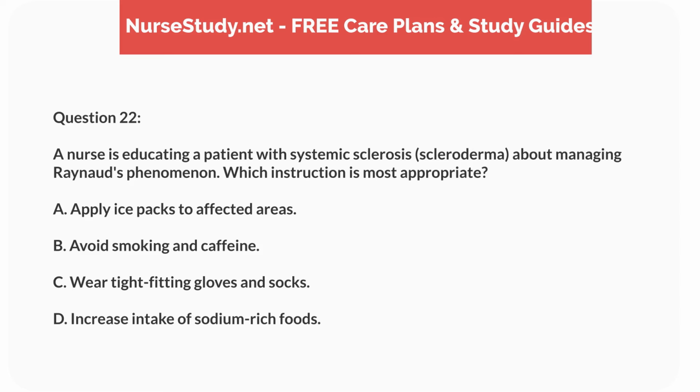Question 22. A nurse is educating a patient with systemic sclerosis, scleroderma, about managing Raynaud's phenomenon. Which instruction is most appropriate? A. Apply ice packs to affected areas. B. Avoid smoking and caffeine. C. Wear tight-fitting gloves and socks.